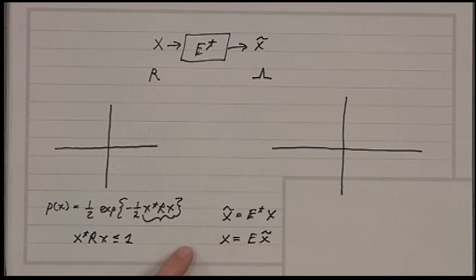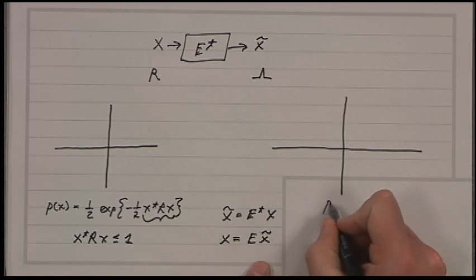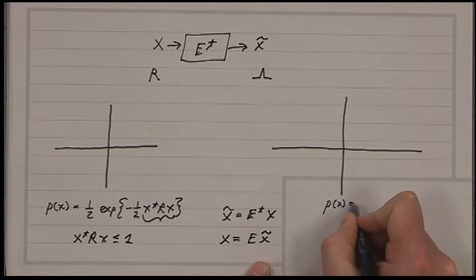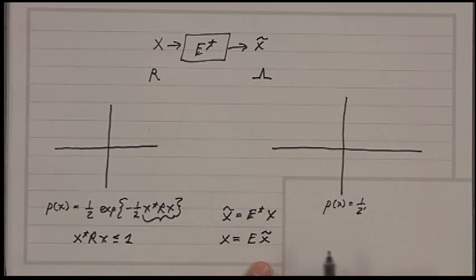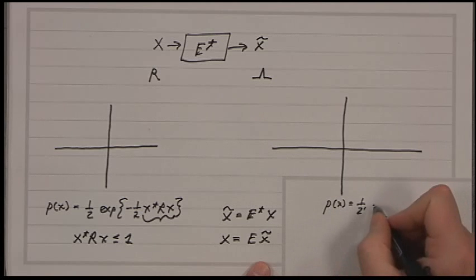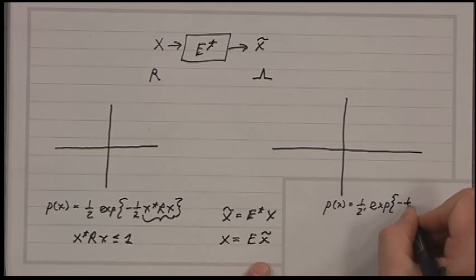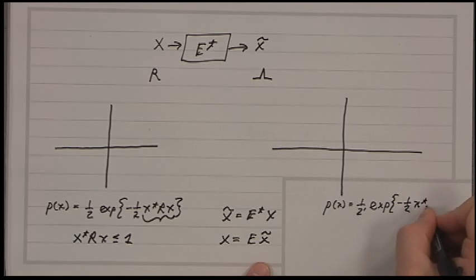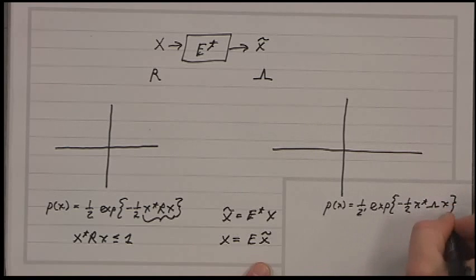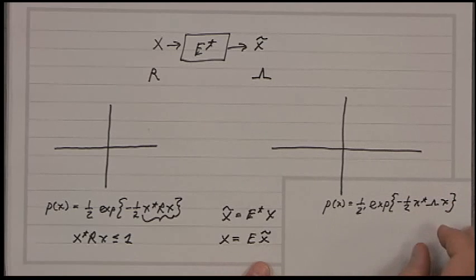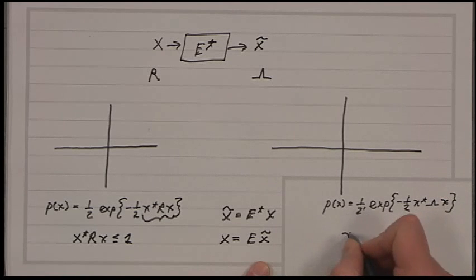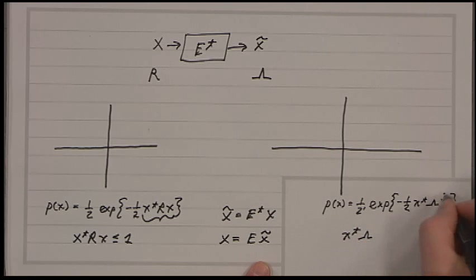So over here, the probability density is P of x tilde equal to 1 over Z prime, I'll put a prime there because that's a different Z, times the exponential of minus 1/2 x tilde transpose lambda inverse x tilde.